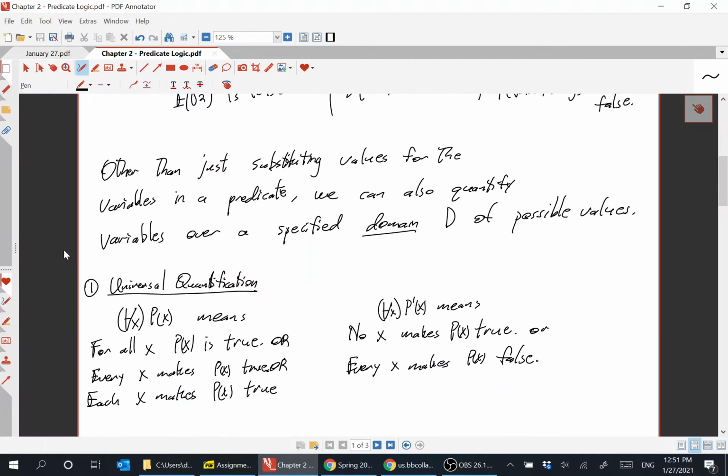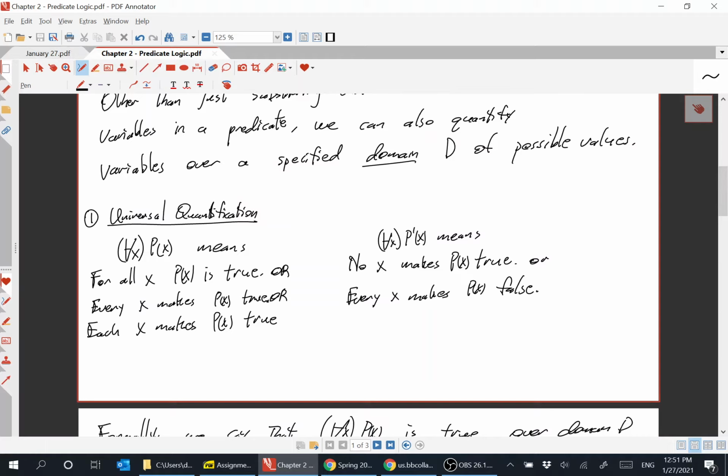All right. Other than just substituting values for the variables in a predicate, you more often quantify variables over a domain. So a domain D of possible values.